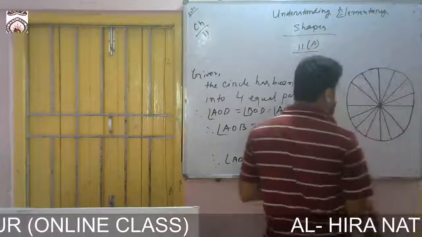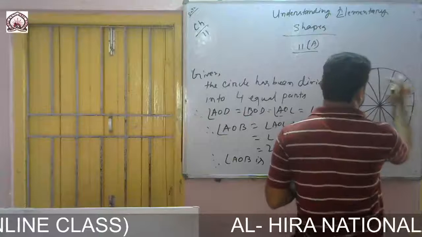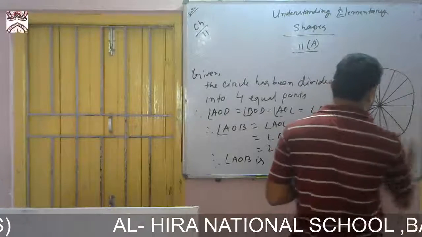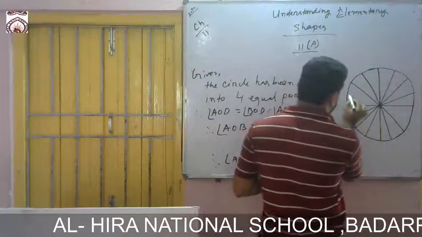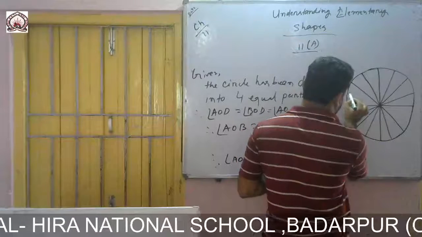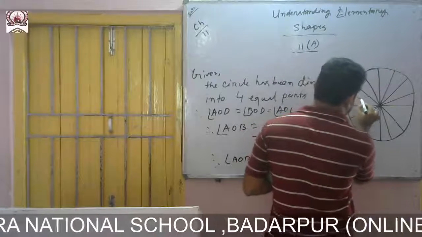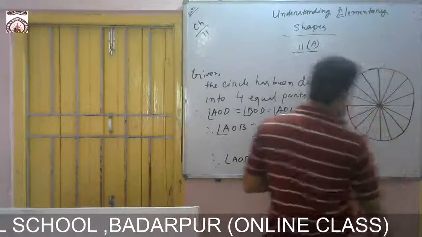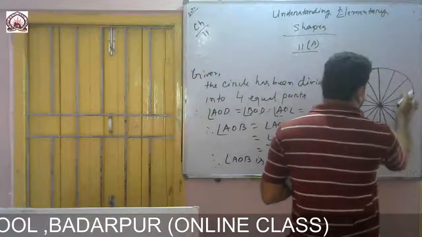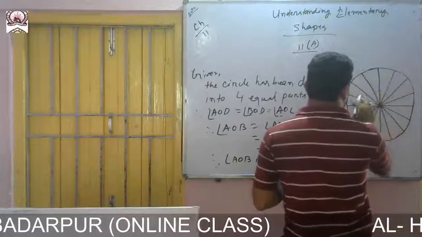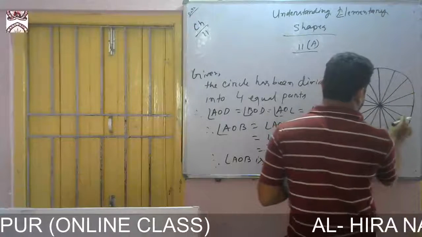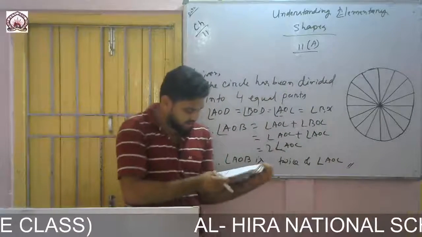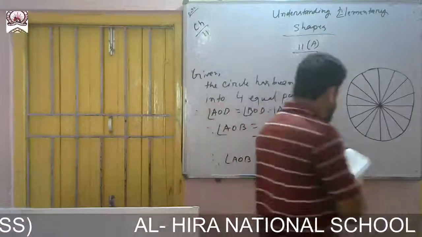Let me count: 1, 2, 3 up to 14. So I need to divide more. Now you check: 1, 2, 3 up to 16. It has been divided into 16.